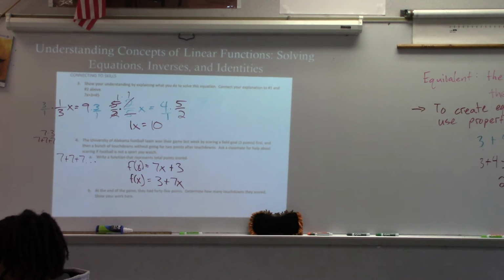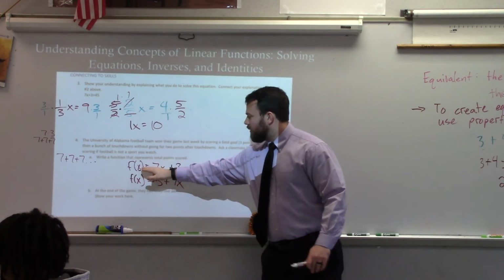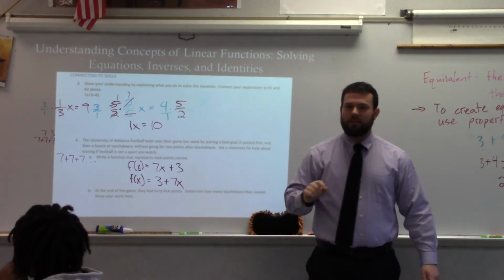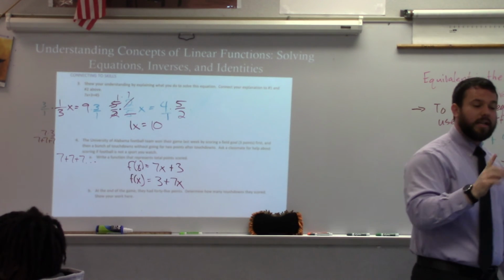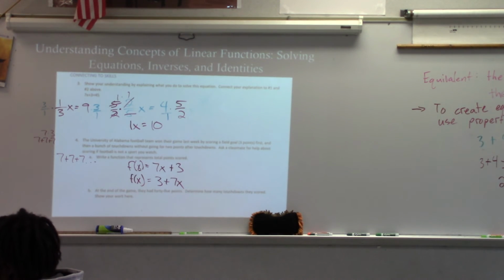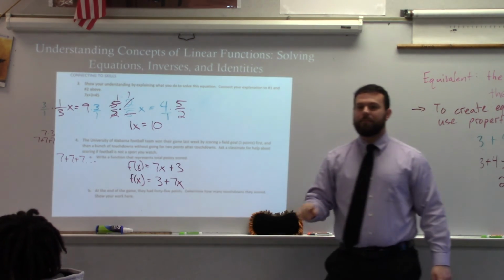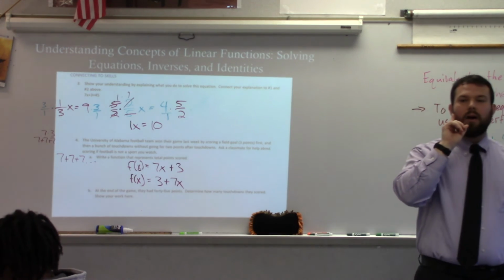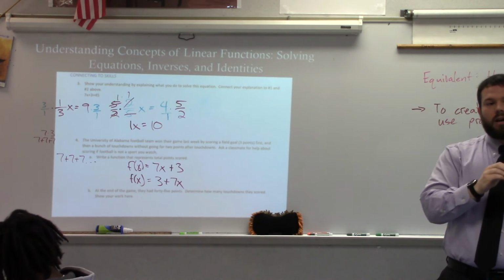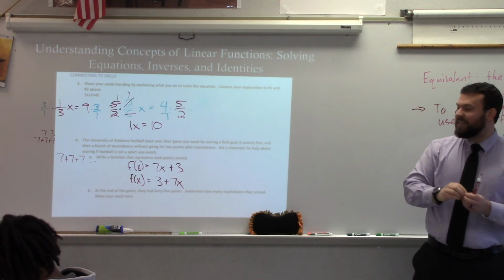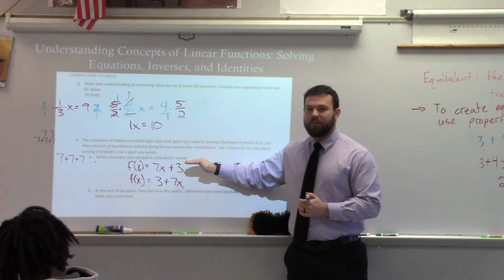How about you look at your graphic organizer, look for a term that might describe this, f of x equals 7x plus 3. It is a function, and it is function notation. It's actually a term that we haven't defined yet. We have equivalent equations. These are two different equations that look different but are the same. What I'm asking is, there is a concept on there that is the name of this type of linear equation.